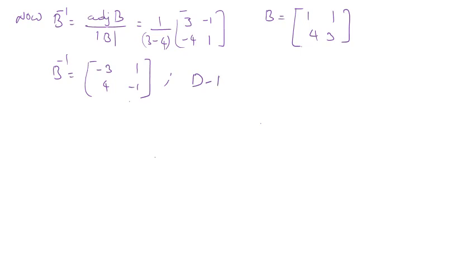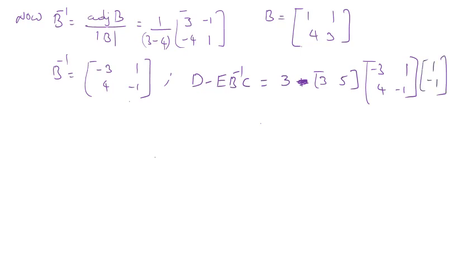What is that? D minus E B inverse C, right? First D is 3, and minus E which is 3 5, next B inverse which is minus 3 1 4 minus 1, and C which is 1 minus 1. So finally this is 3 minus 3 5 times a 2 by 2 matrix and a 2 by 1 matrix, so the result is a 2 by 1 matrix.